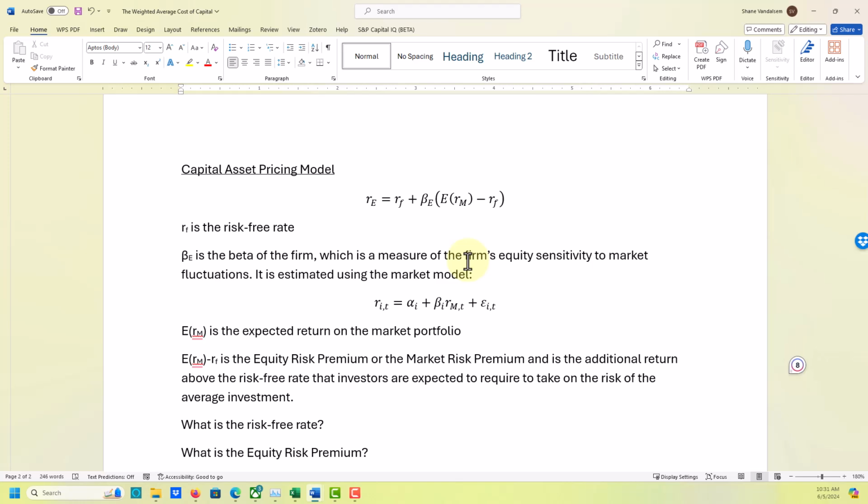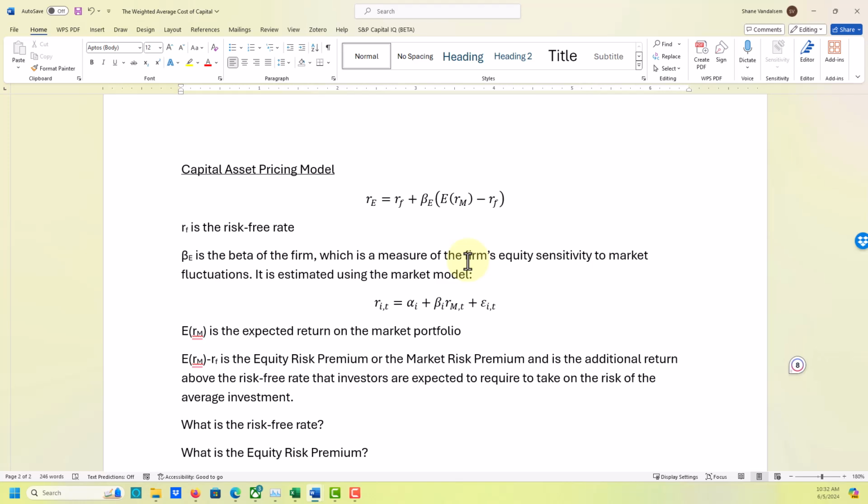But think of a large bank. Think of Bank of America. Bank of America is sensitive to changes in interest rates because it very much affects the desire of investors to either put money in the bank or to borrow money when there's a change in interest rates. And so that one would have a higher level of market risk.